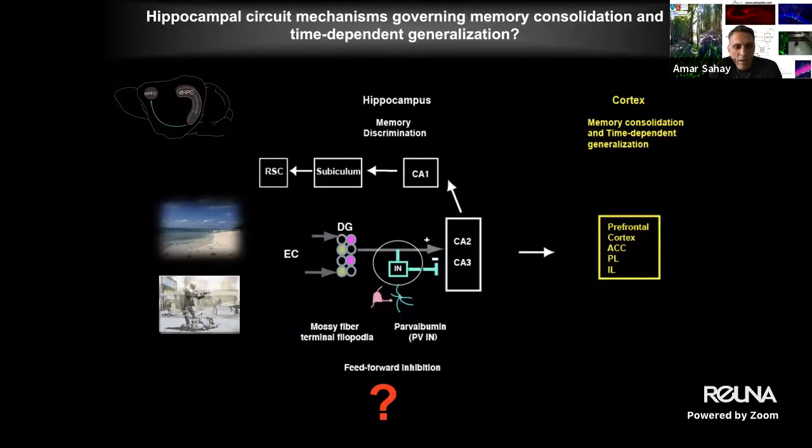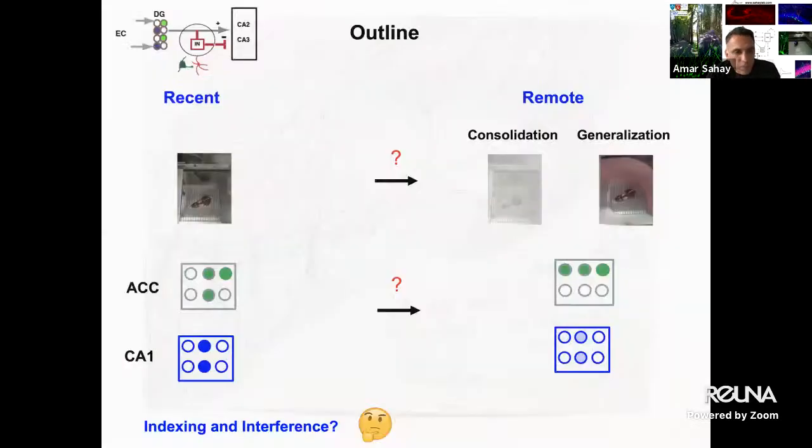In today's talk, I'm going to share with you our insights, generated in my lab over the last 8 years, on an inhibitory microcircuit in the dentate gyrus CA3 region of the hippocampus, and how this inhibitory microcircuit contributes to memory consolidation and time-dependent generalization.